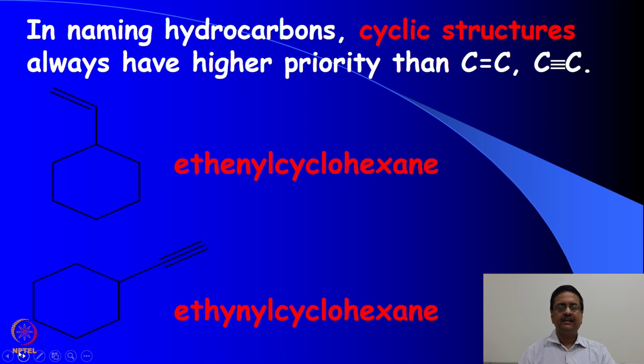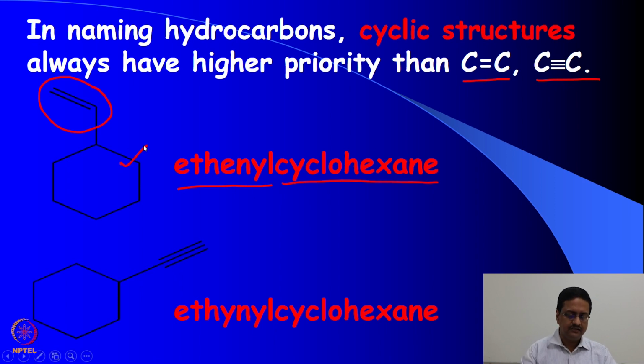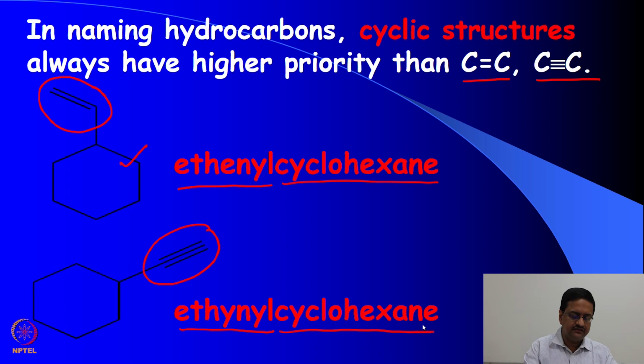So, when we try to name those cyclic structures, the cyclic structures always have higher priority over C double bond C or C triple bond C. So, this should be named as, ethynyl is the substitution and cyclohexane is the parent that we have inside. Similarly, ethynyl is the substitution and cyclohexane is the parent that we have here.